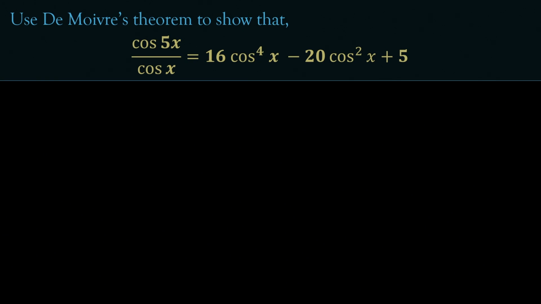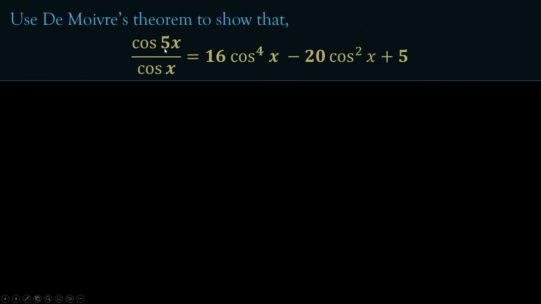So this is some kind of an identity: cosine of 5x divided by cosine of x is the same as what you see on the right hand side. Now, the big problem here, the real thing that requires us to use de Moivre's theorem or to bring in complex numbers, is this cosine of 5x.